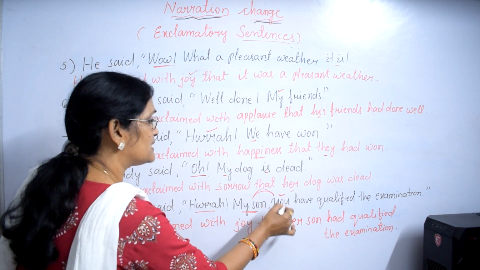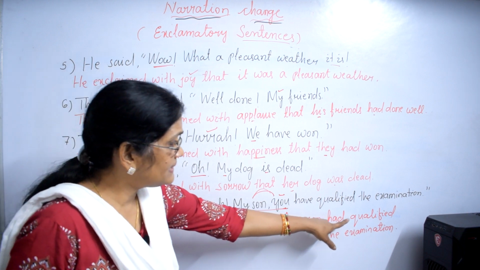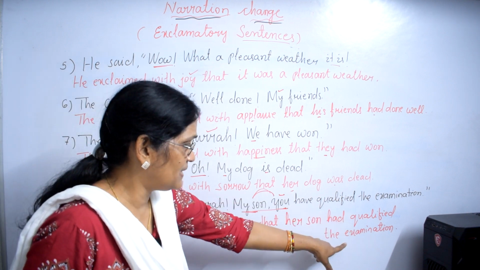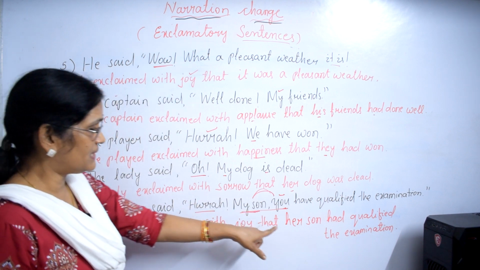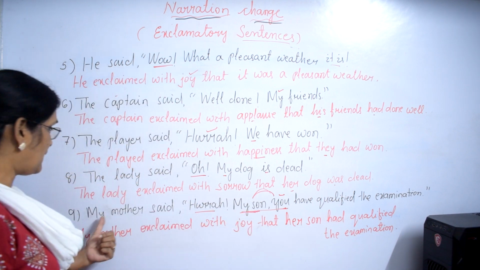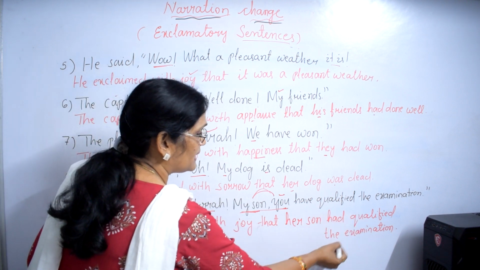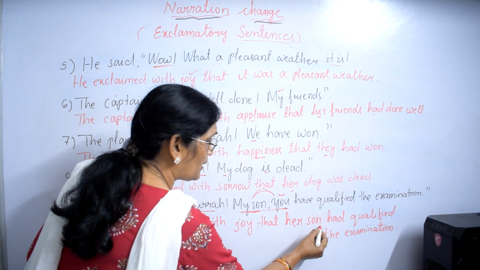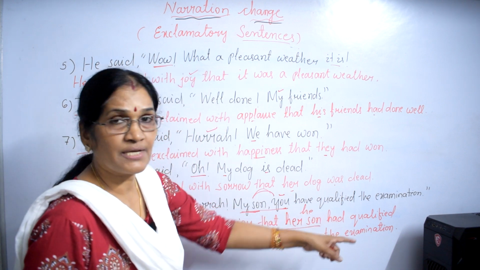He is you, the same. So, you can write here, he had qualified the examination. Also, for my son will be written her son. Her son had qualified the examination. Or you can write here, he had qualified the examination.